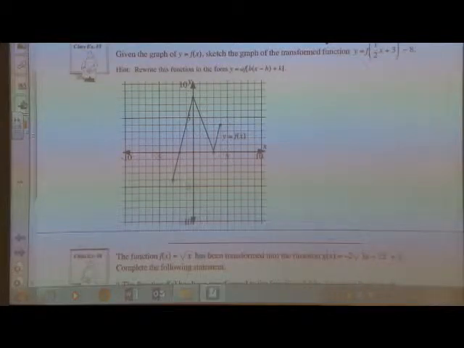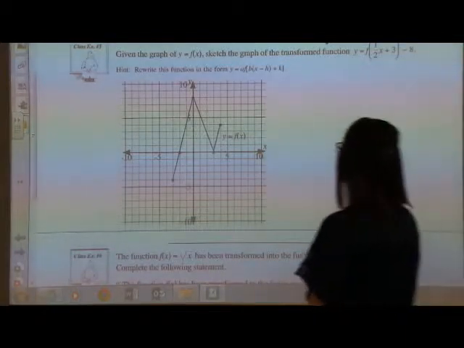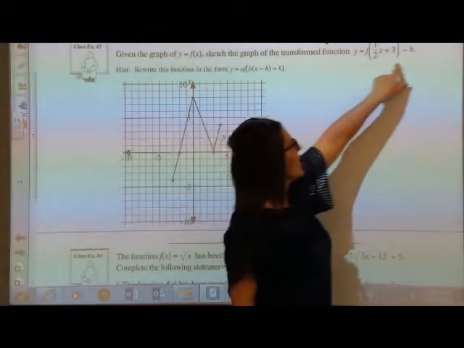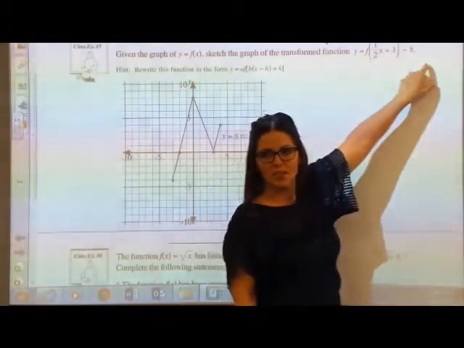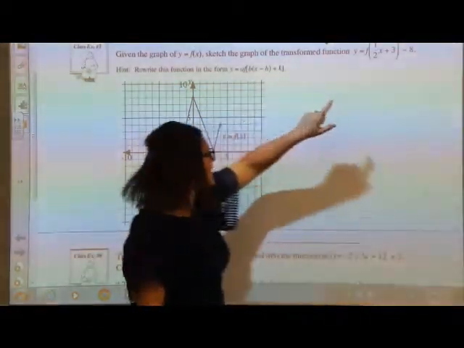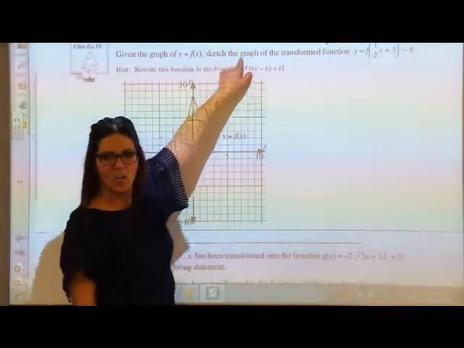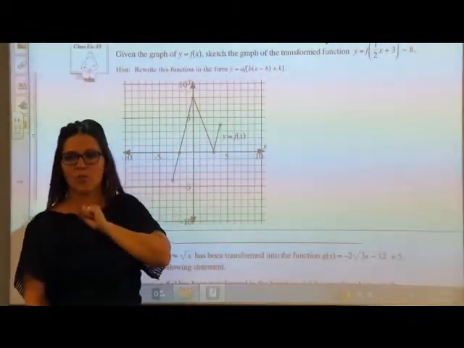Question number 5. Given the graph of y equals f of x, if we sketch the graph of the transformed function y equals f of 1/2 x plus 3 minus 8. Take a look at the way that this is written, and how it's supposed to be presented. What do you notice about the two equations?